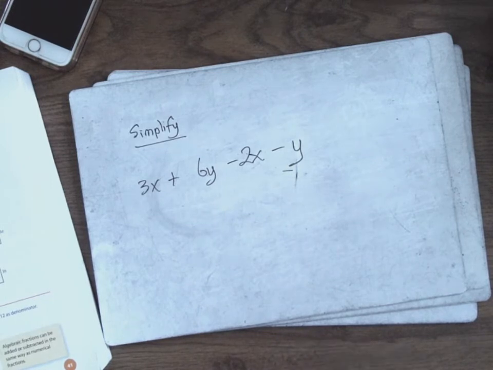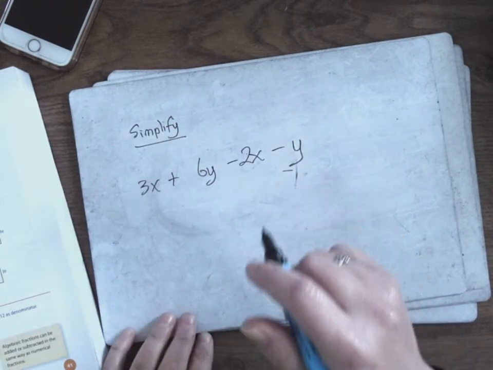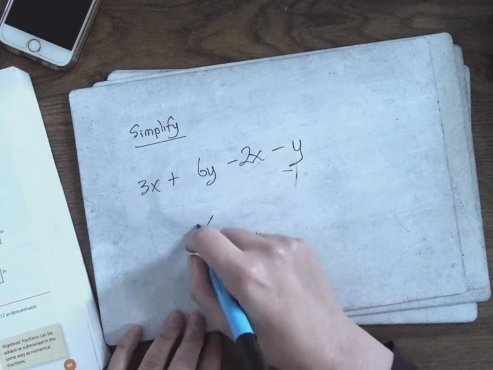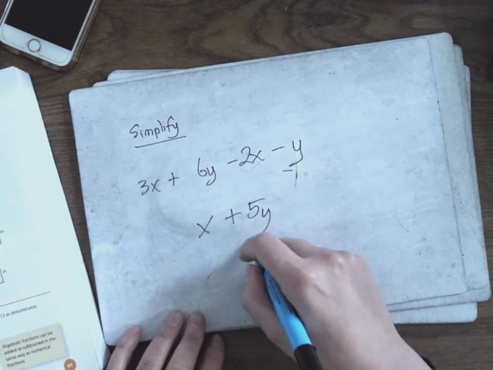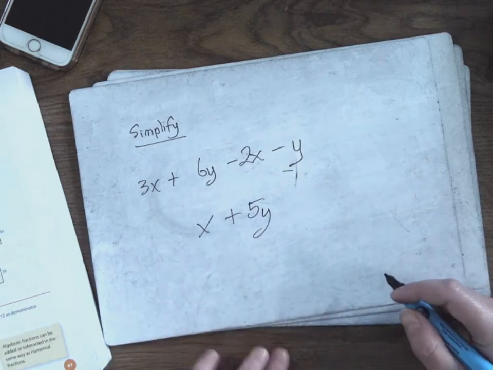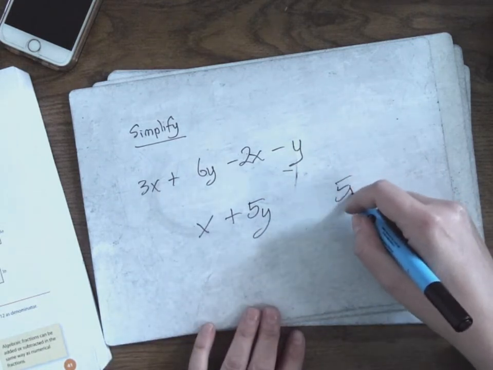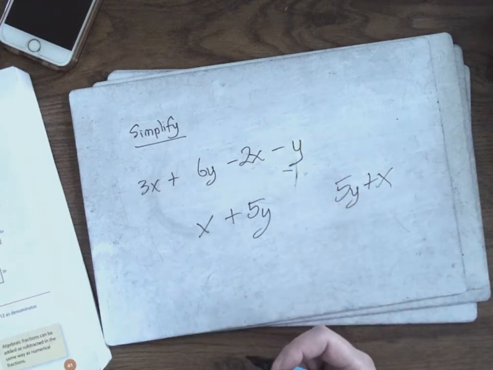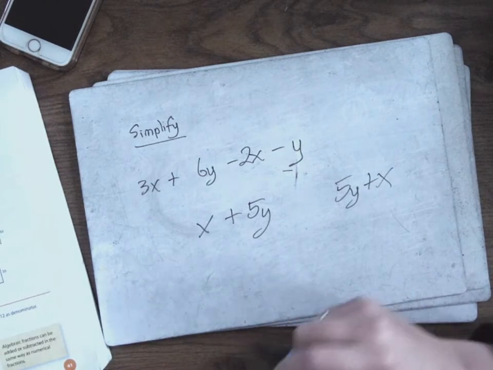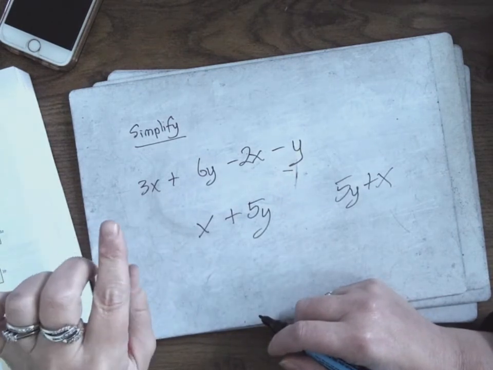Okay? Have you got an answer written down for me? What have you written down? x plus 5y. If you wrote 5y plus x, are you wrong? No, because 5y plus x is the exact same answer. Who didn't get 5y plus x? Rachel, what did you get? I just didn't even try. So you pick out your x terms.